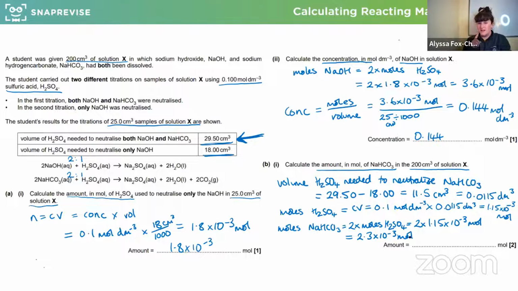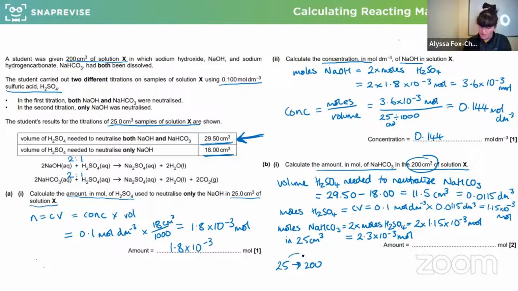But that is in 25 centimeters cubed, because that's our titration amount. They've asked for 200 centimeters cubed, not 25 centimeters cubed. So how do I go from the amount of moles in 25 centimeters cubed to the amount of moles in 200 centimeters cubed? Well, I'm going to need to work out my conversion. How do I get from 25 to 200?